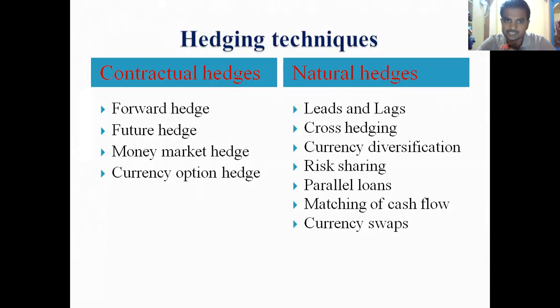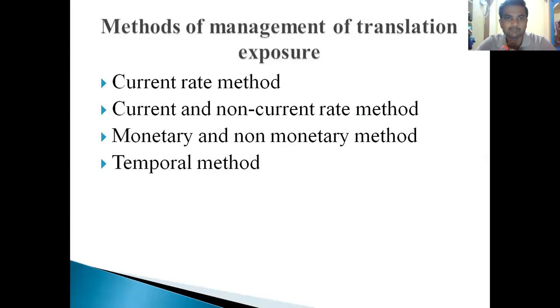These hedging techniques were also used for management of transaction exposure, and the same techniques are used here. For more on these hedging techniques, you can refer to another video whose link I kept below. Let's go to the next technique, methods of management of translation exposure.